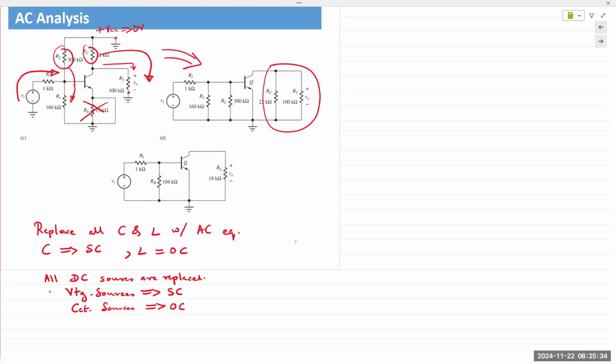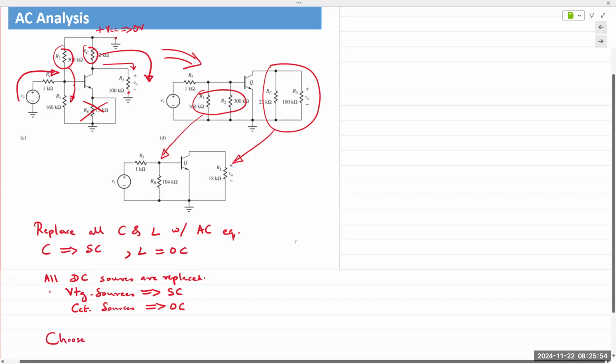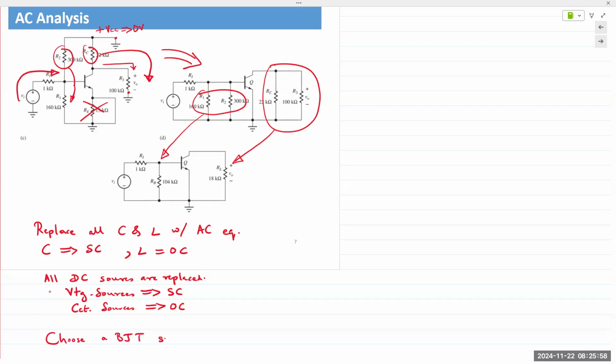You can reduce the circuit as much as possible. In this case, R1 and R2 are in parallel, so we can replace them with its parallel equivalent. And same thing with RC and R3. And at this point, we choose a BJT small signal model that fits our application.